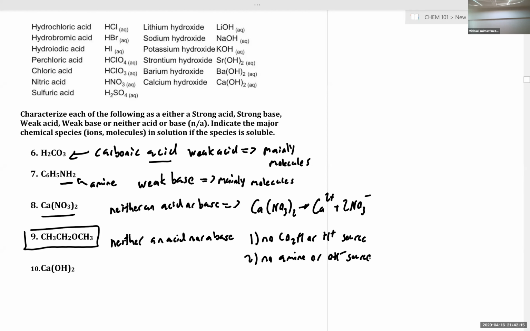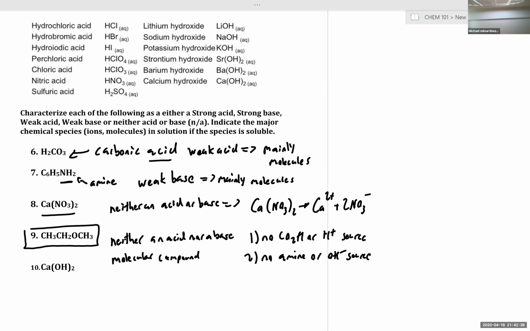As a result, this compound is neither an acid nor a base, and we call this compound a molecular compound. Because it's a covalent compound, there's no ionic character in this molecule, and there's no way for it to dissociate to yield ions.